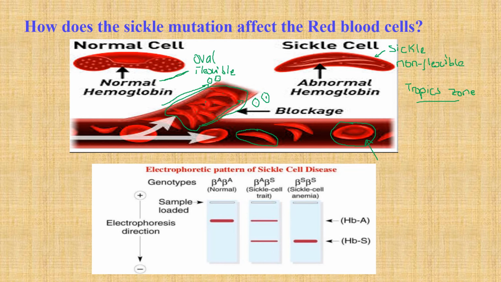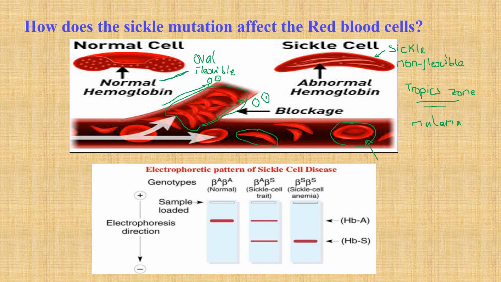And evolutionists say that evolution should have occurred that resulted in individuals living in the tropics, in order to fight the malaria parasite, to undergo this mutation as some sort of a way so that they could resist malaria.